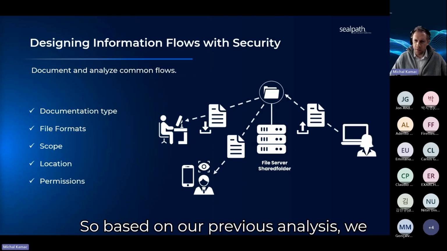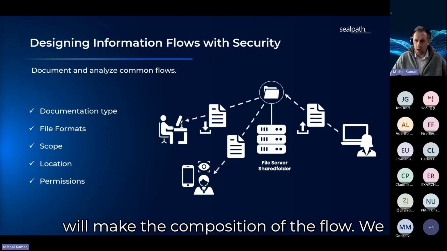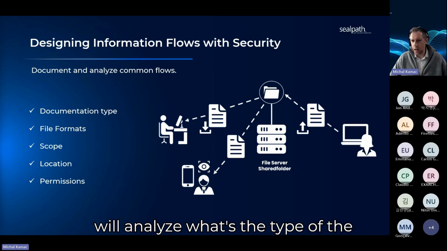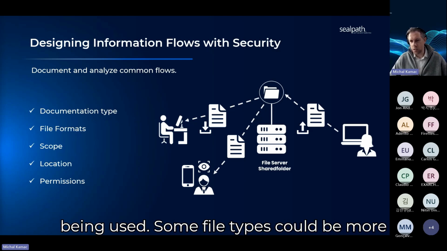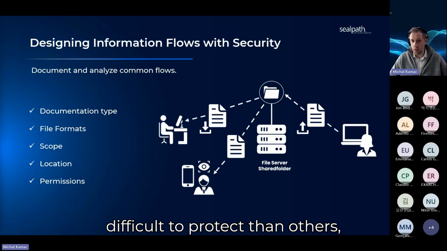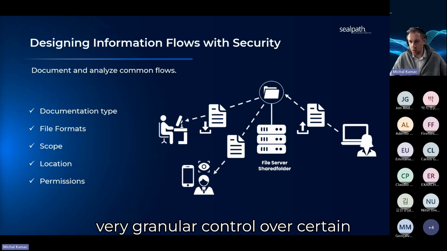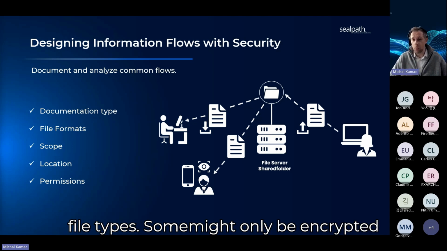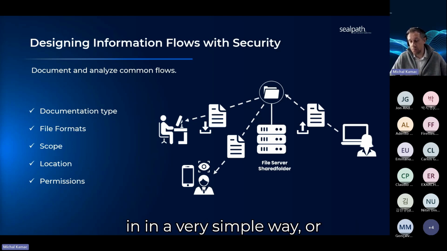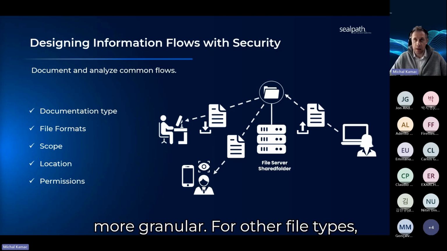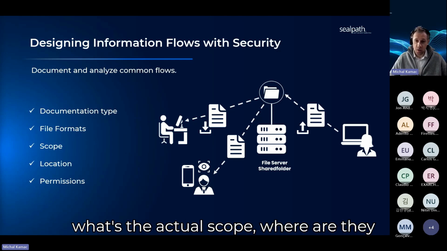So based on our previous analysis, we will make the composition of the flow. We will analyze what's the type of the documentation, which file formats are being used. Some file types could be more difficult to protect than others, obviously, okay? We might not have very granular control over certain file types. Some might only be encrypted in a very simple way, or more granularly for other file types. What's the actual scope?